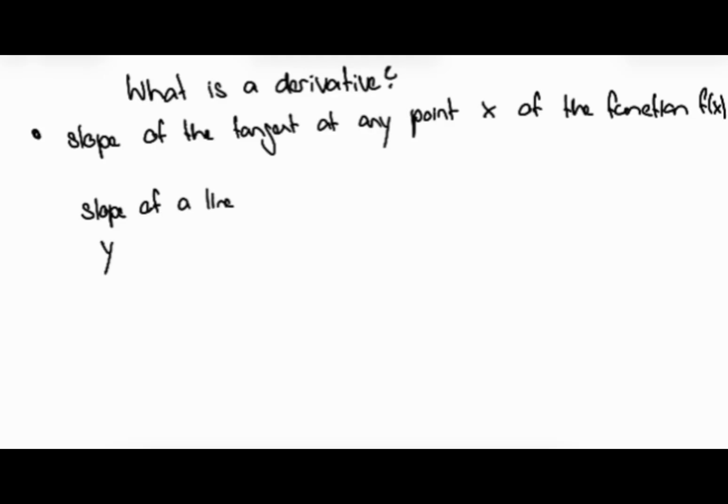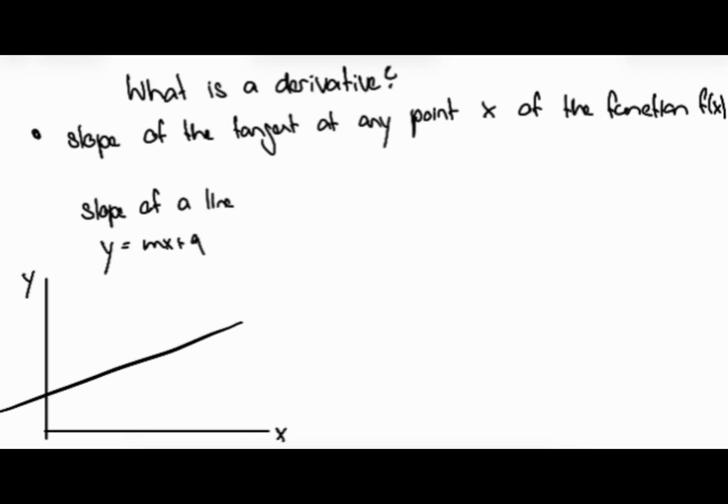You probably already know that for a function y equals mx plus q, you're able to find m with the help of the change in y divided by the change in x. So let's draw a graph with a y coordinate and x coordinate and draw a straight line.